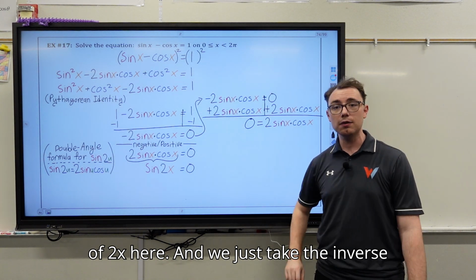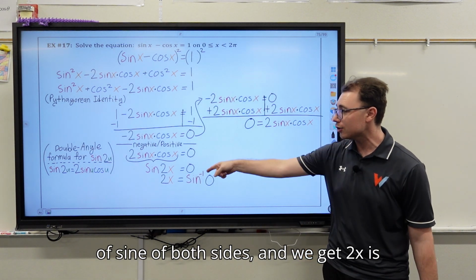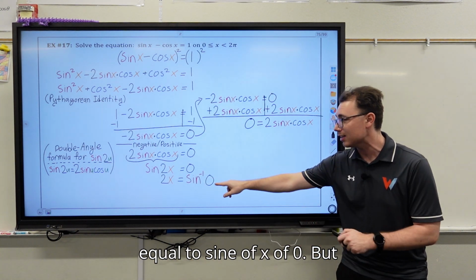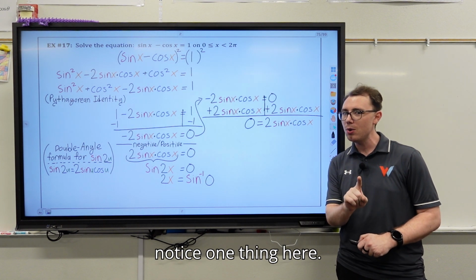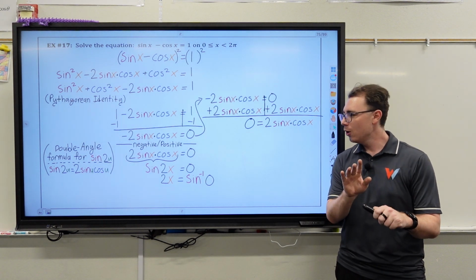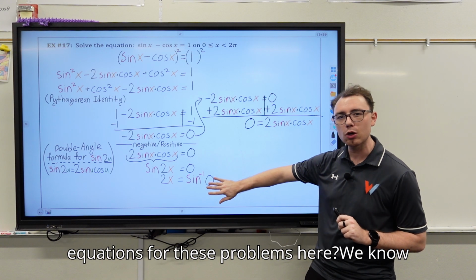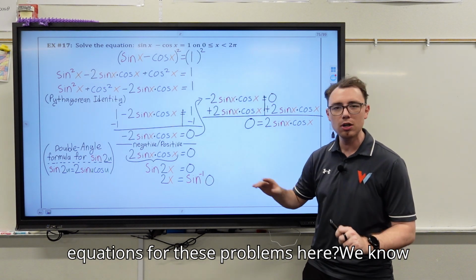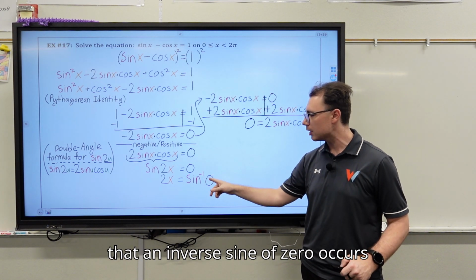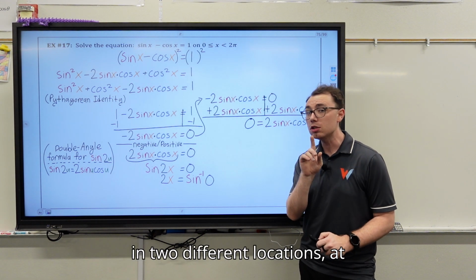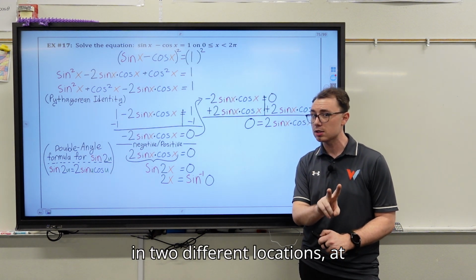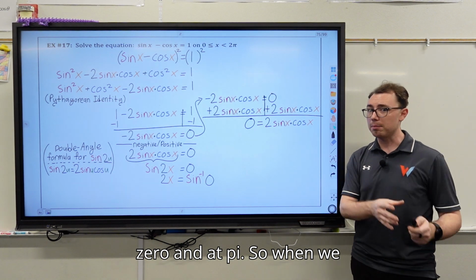And we just take the inverse of sine of both sides, and we get 2x is equal to inverse sine of 0. But notice one thing here. Remember back when we were writing these equations for these problems here? We know that inverse sine of 0 occurs in 2 different locations, at 0 and at pi.